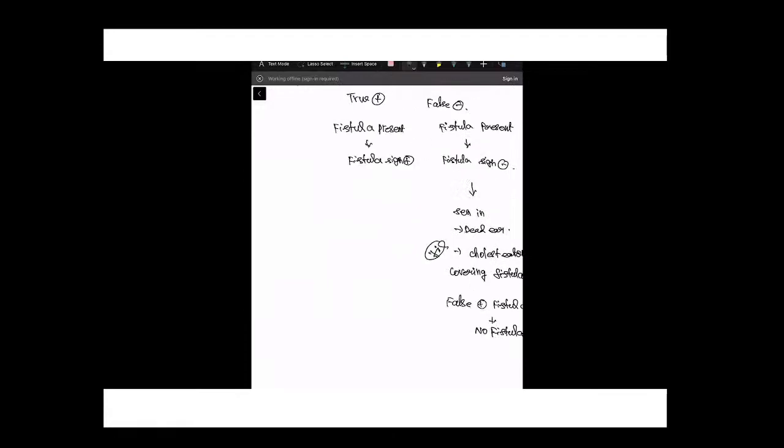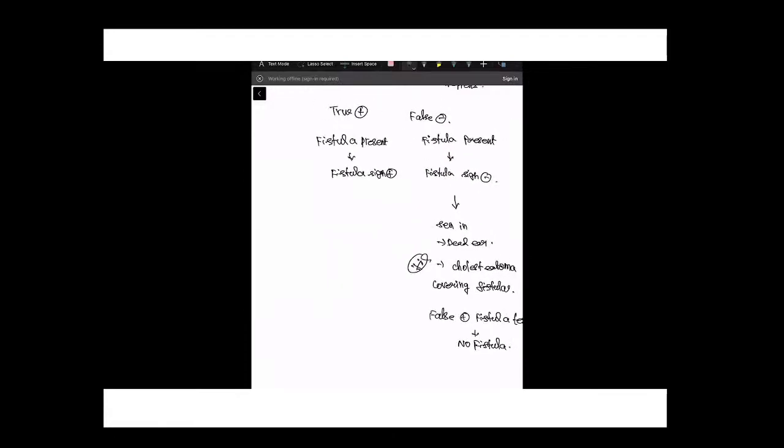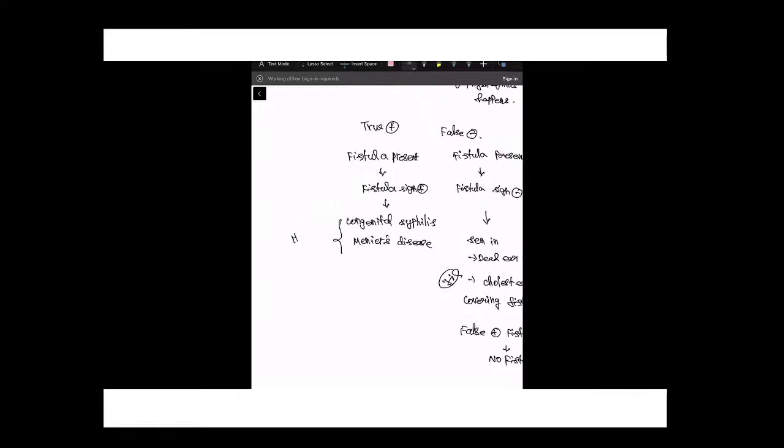True fistula sign is seen with fistula. False positive is seen in congenital syphilis and Meniere's disease, and that is called as Hennebert's sign.